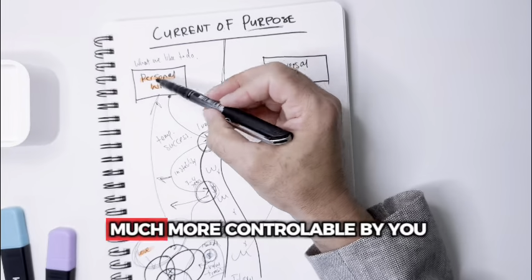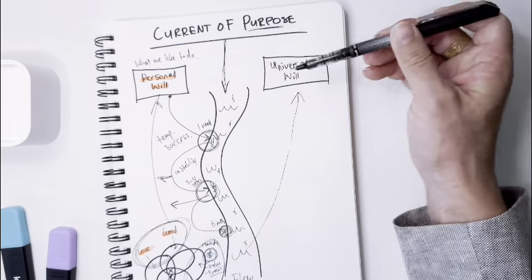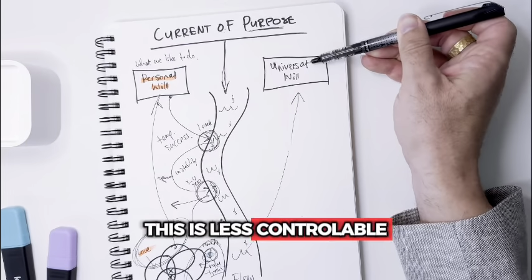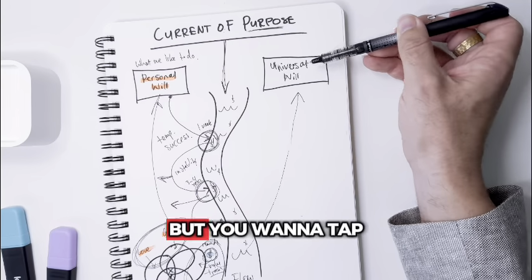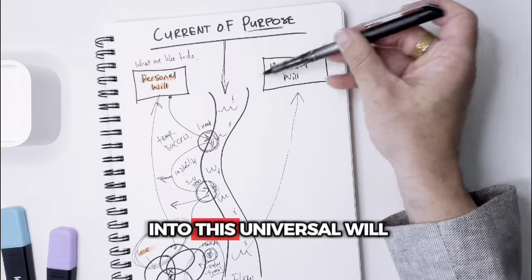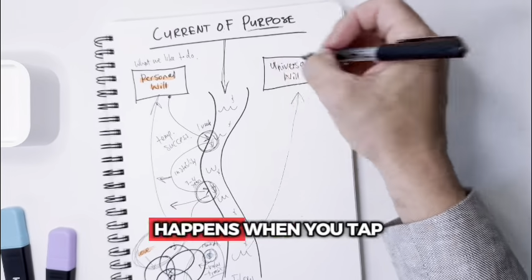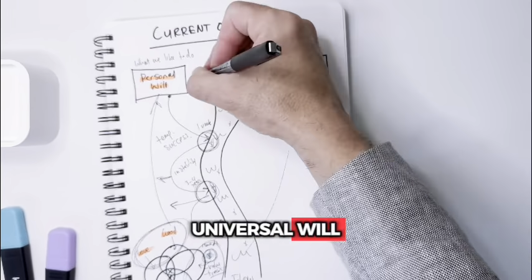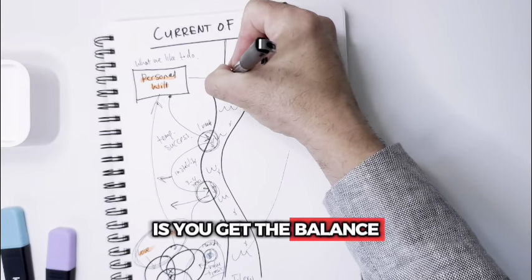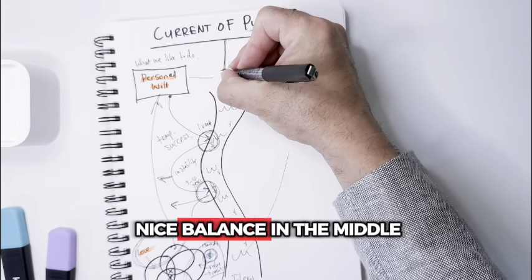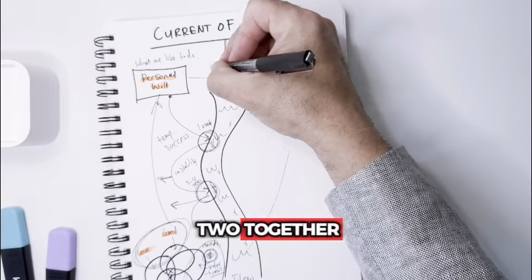So this is much more controllable by you. This is less controllable by you, but you want to tap into this universal will. And that's what happens when you tap into the universal will: you get the balance, this nice balance in the middle when you add those two together.